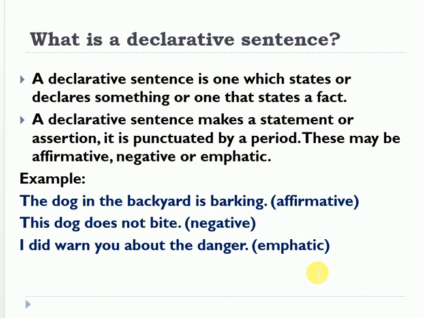And I say, no, I did send that. I did send that yesterday. I don't know why you didn't receive that. Because you are stressing something, you are using this emphatic structure. Though it falls into the category of declarative sentence, it is the emphatic subtype. I hope you got this.